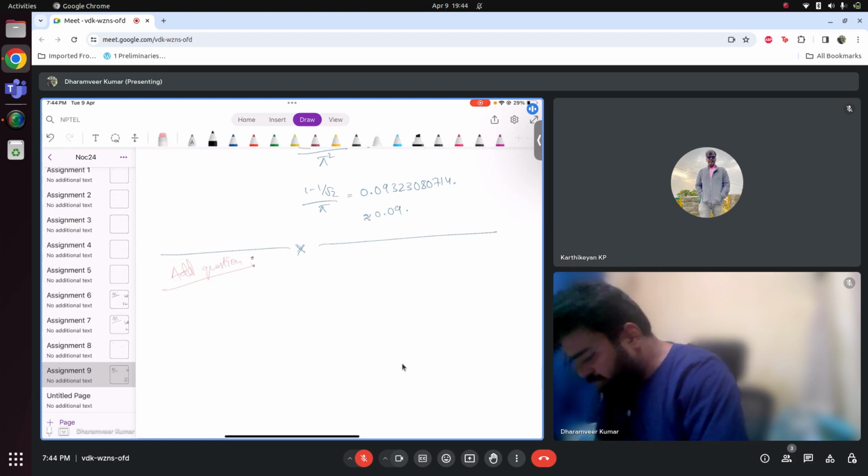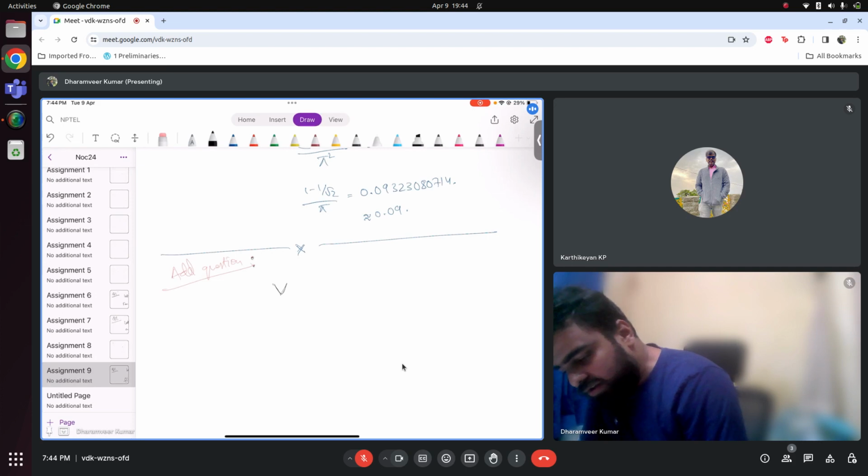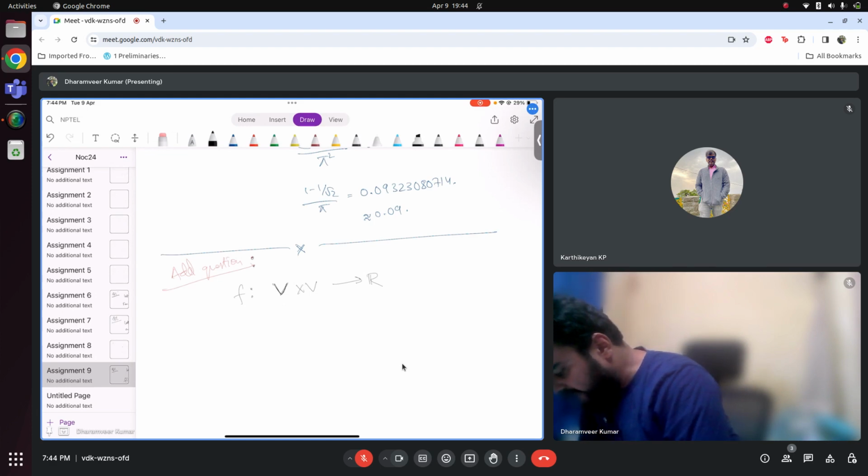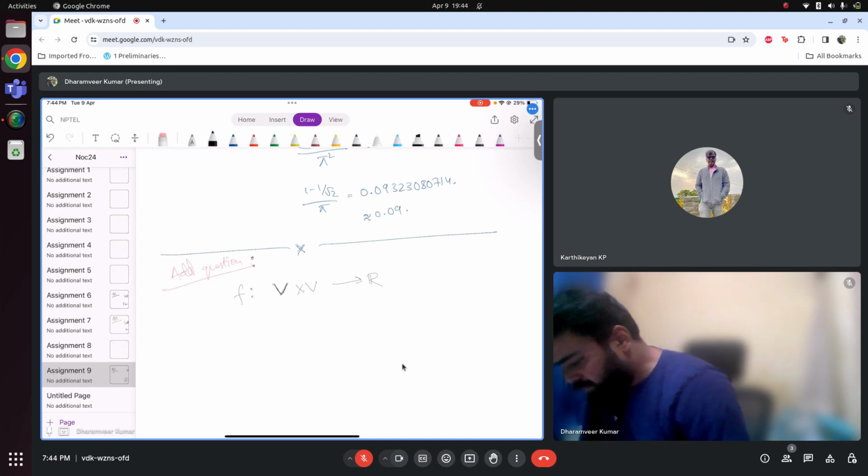So what is a norm? If you have a vector, it takes a vector and gives a real number. It's a function which takes a vector and gives a real number. Now it has to satisfy certain properties.